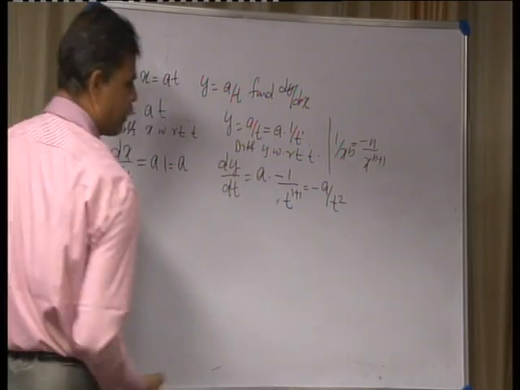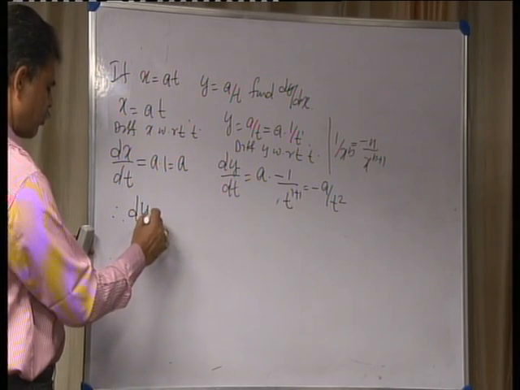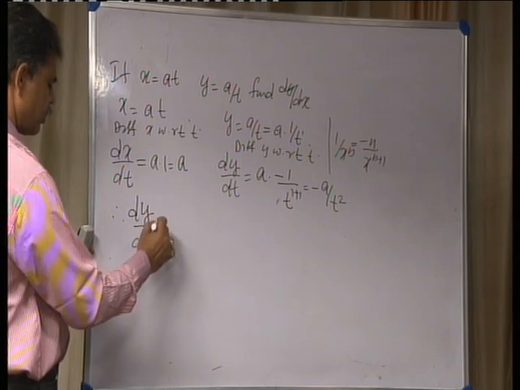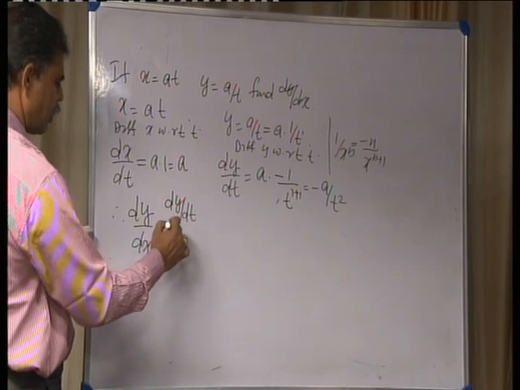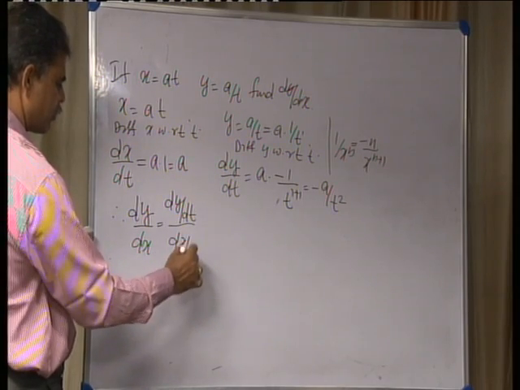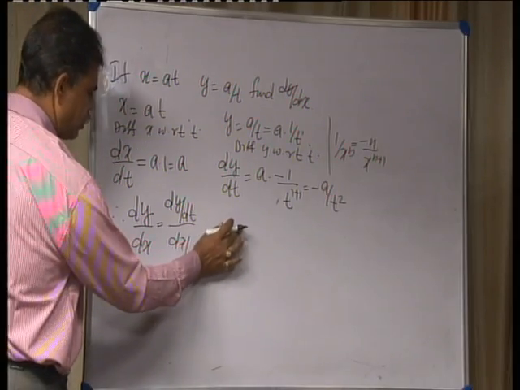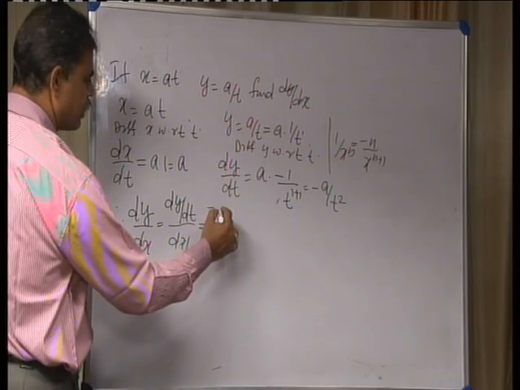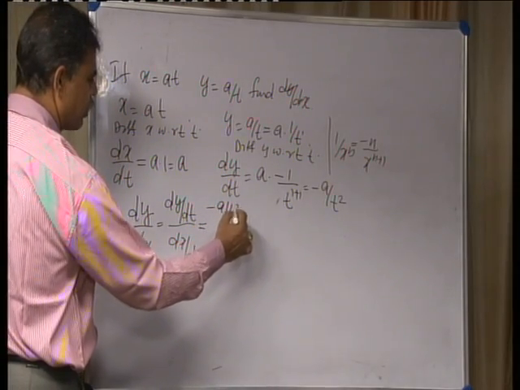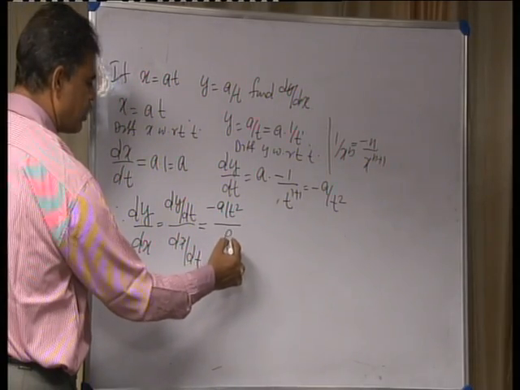It is minus a divided by t square. Therefore, using parametric differentiation, how to get dy by dx? y is differentiated with respect to t and x is differentiated with respect to t, their ratio we have to take. dy by dx is dy by dt, minus a by t square, all divided by dx by dt, which is a.